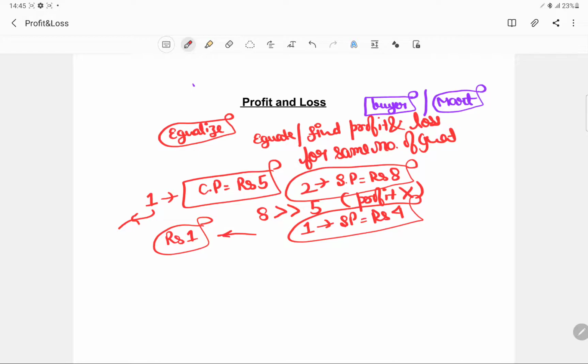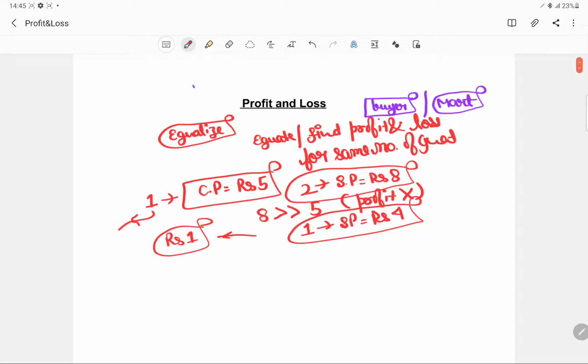Okay, so you will get these questions. For example, the cost price of 30 articles was equals to the selling price of 20 items. So to make it easy, what you do is compute it for one quantity.